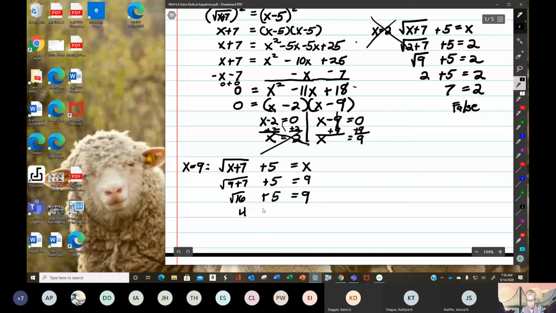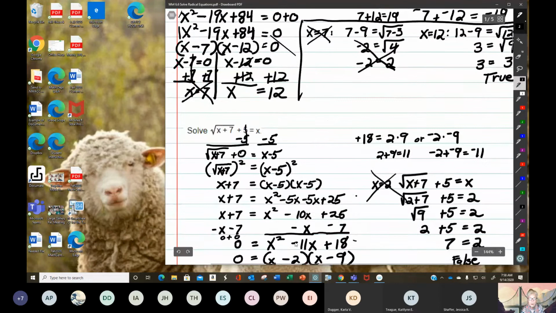Yep, this is going to work. Ta-da! So 9 does equal 9, that's true. So x equals 9 is your only solution.